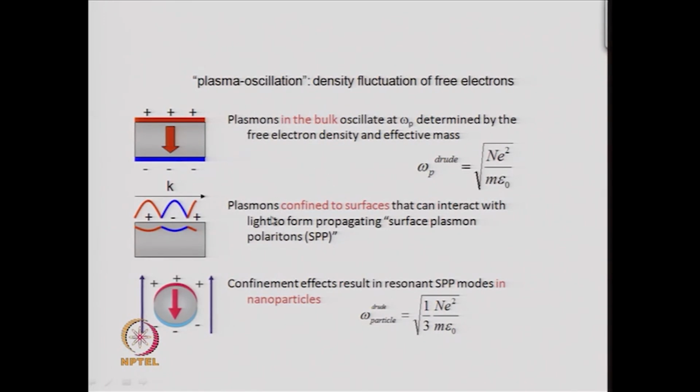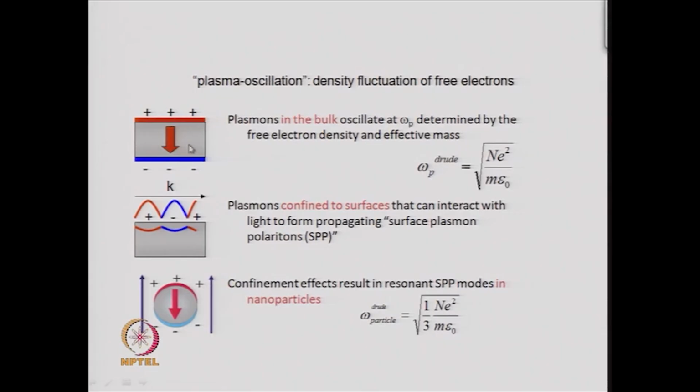When you confine the plasmons to surfaces which can interact with light, so, if you have a wave which is going through the material and the material can interact with this light, then it can form what is called a propagating surface plasmon polariton. So, that is called an SPP band, surface plasmon polariton, and that happens when plasmons are confined to surfaces.